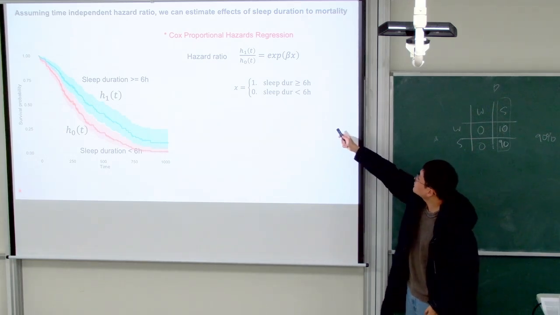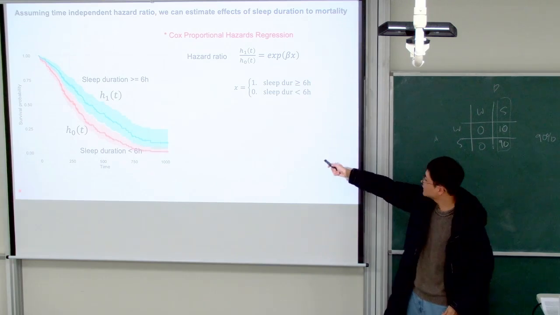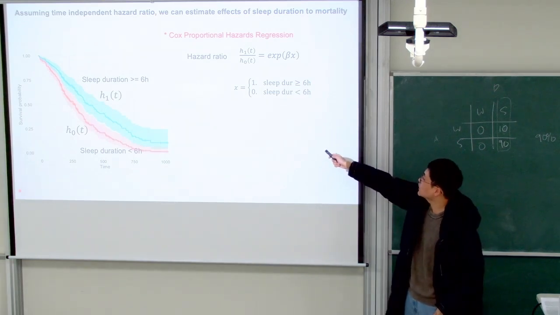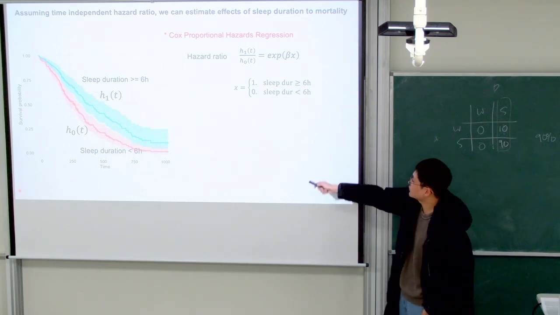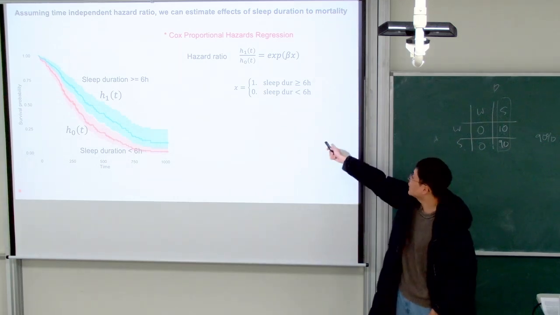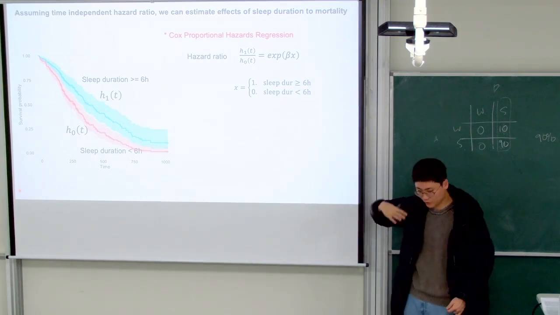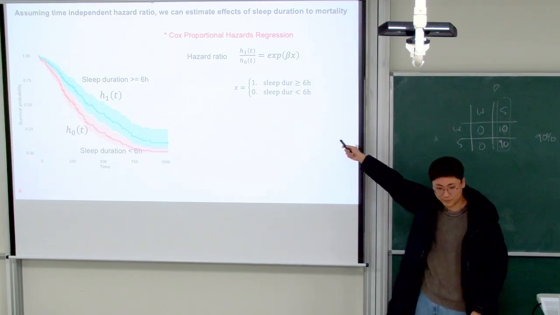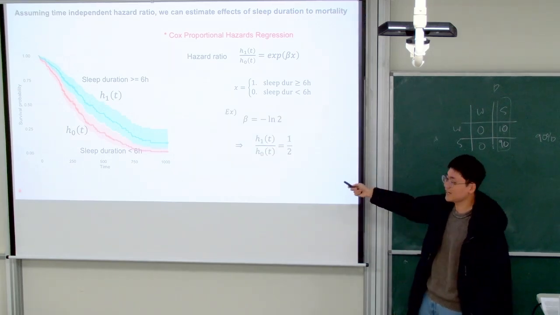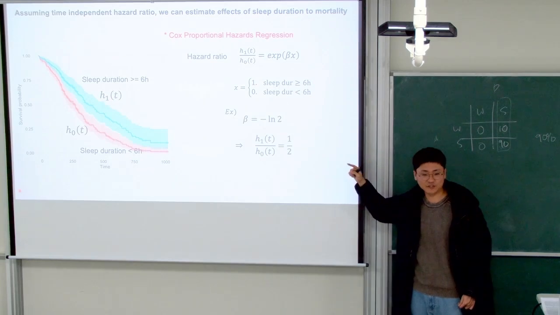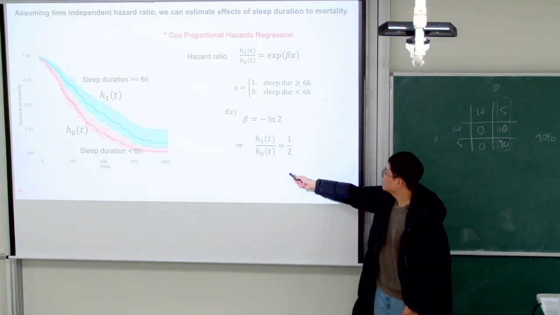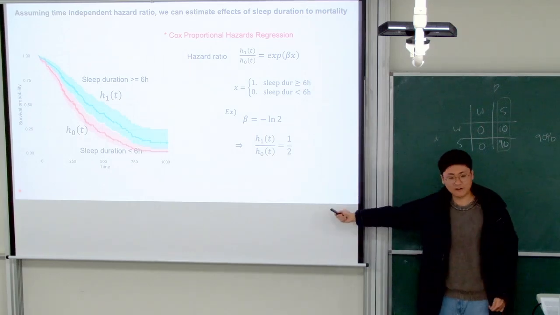And here, for example, this x means that x has a value of 1 if these people are in this group, and 0 otherwise. Then by applying regression, maybe we can estimate this parameter beta. What if beta is minus ln2? That means the ratio would be 1/2.